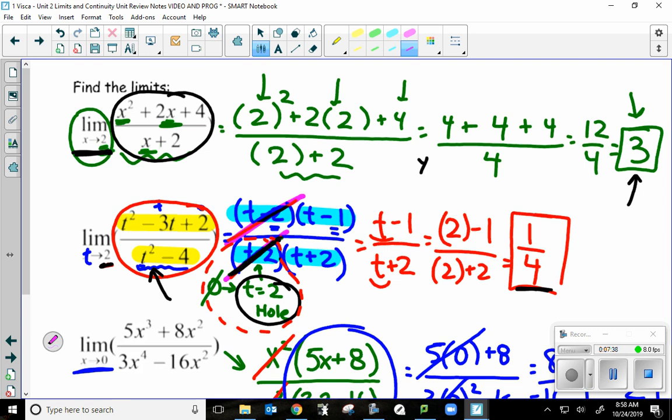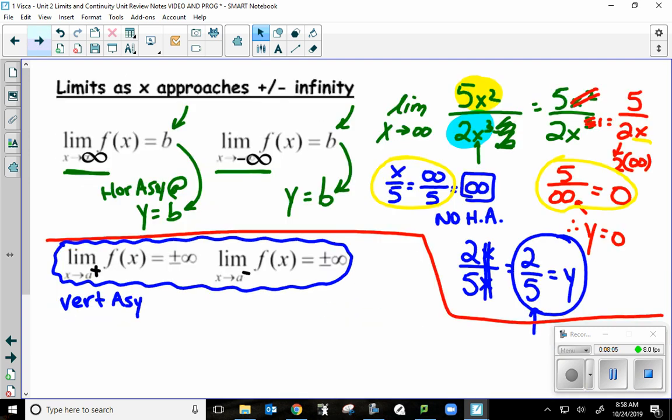When I cancel something, that creates a hole. But what doesn't cancel is where my asymptote is, meaning what value of t would make this bottom undefined: when t is negative 2. So I would have a vertical asymptote there. Now this is a mess, so I'll give you another, clean example on the next slide. But I just wanted to go back to something we had already done and apply our knowledge here.